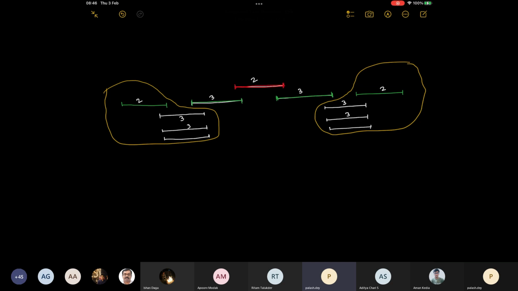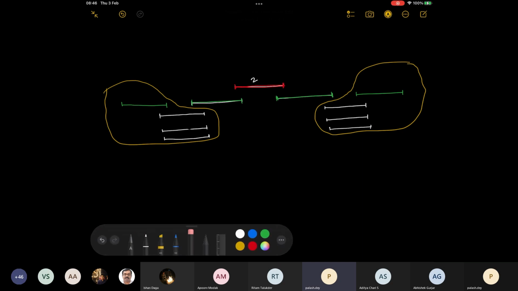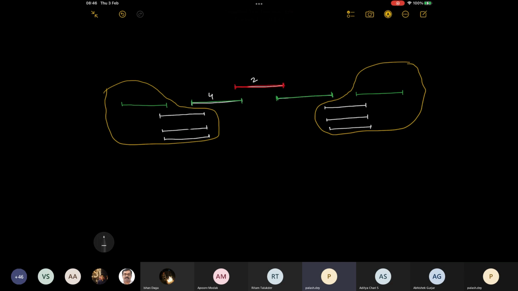Now you see that these numbers change slightly. All these numbers are increased by 1, but red remains the same. So this becomes 4, 4, 3, 4, 4, 4, 4, 4, 4, 3.